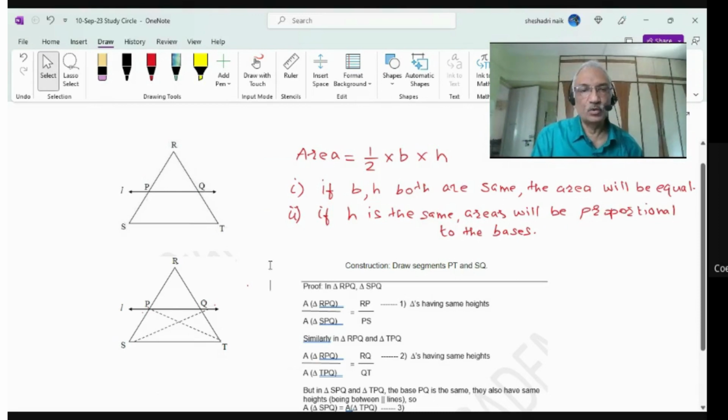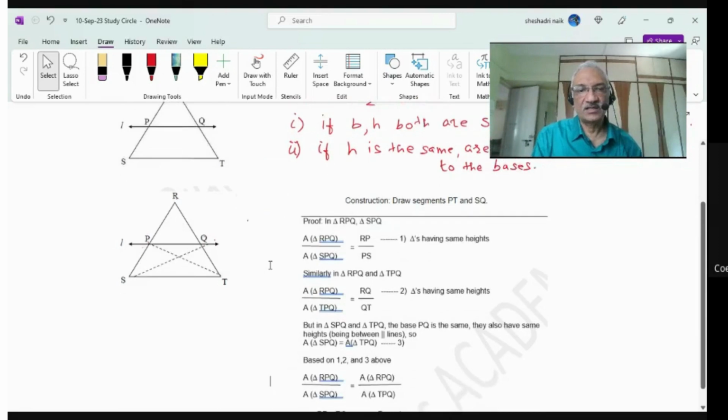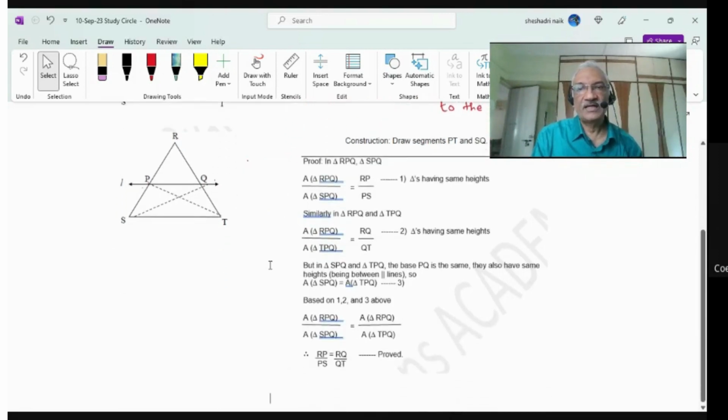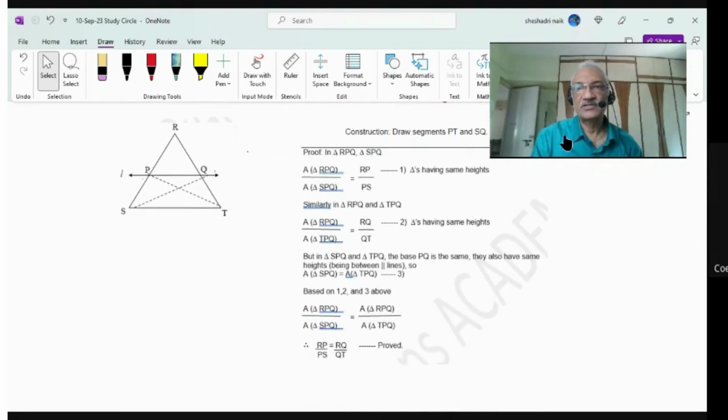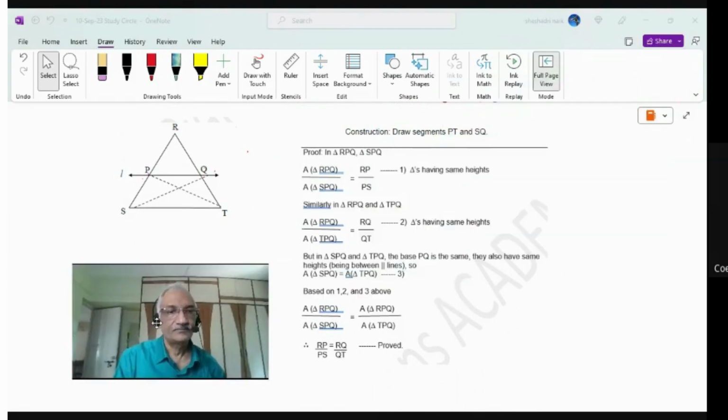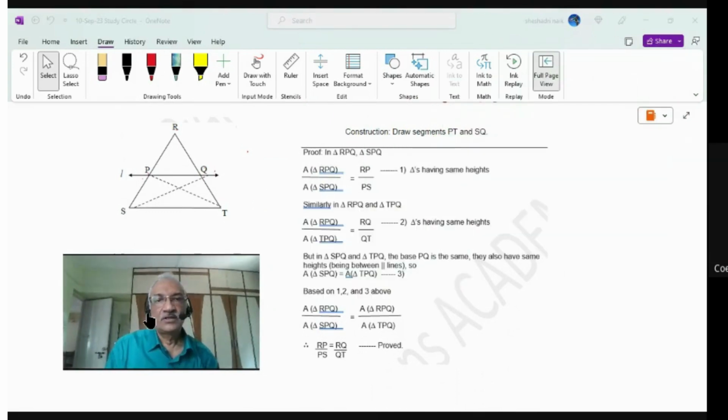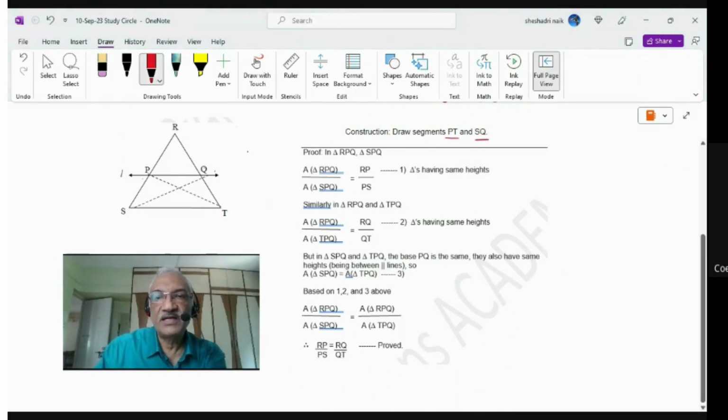What we're going to do is a small construction. As you can see, the construction is done here. The construction is that we draw the segments PT and PQ, which are shown by the dotted line.